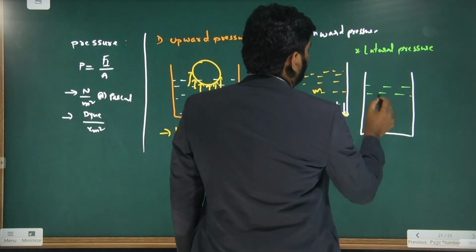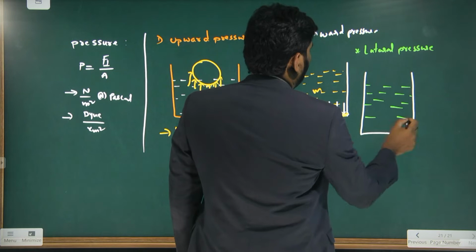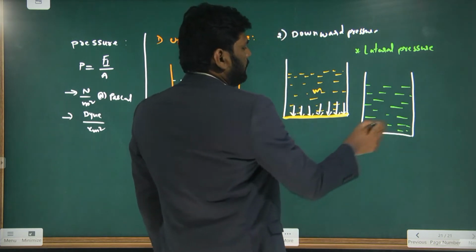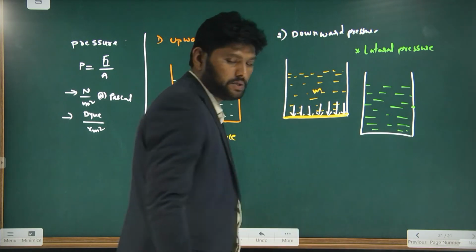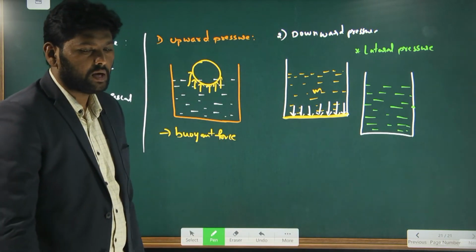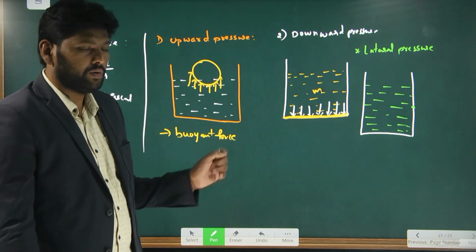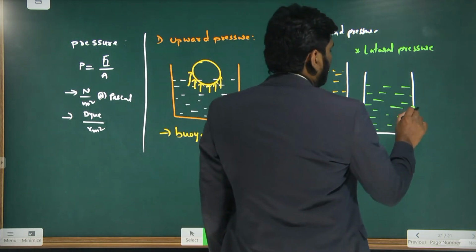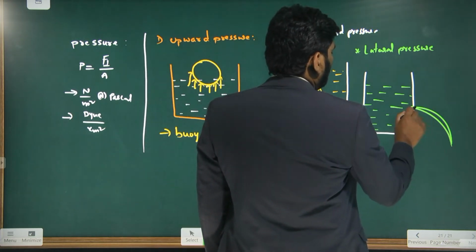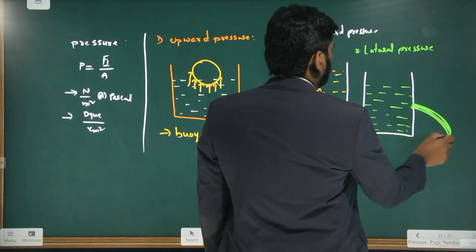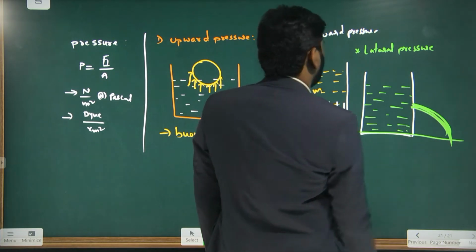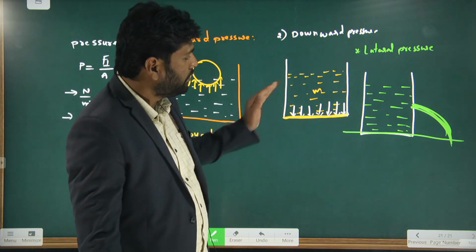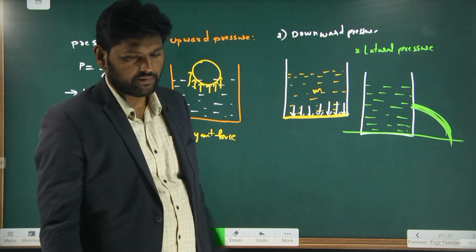Now make a small orifice, a small hole in the container. Then what is going to happen? From the container, liquid will spill out. When the liquid is released, it moves and covers some range.